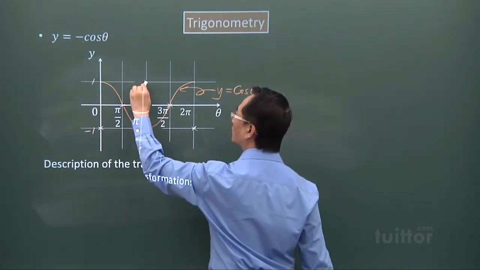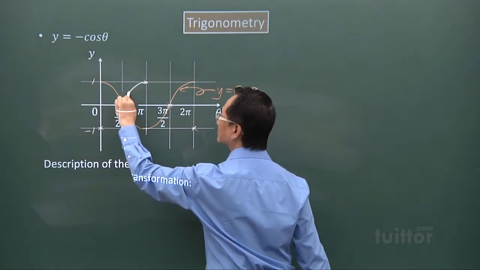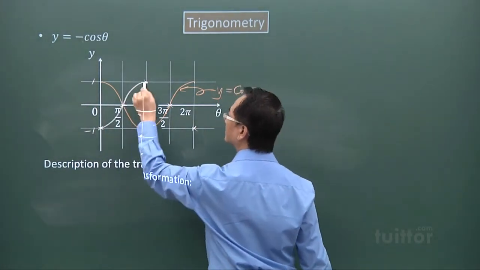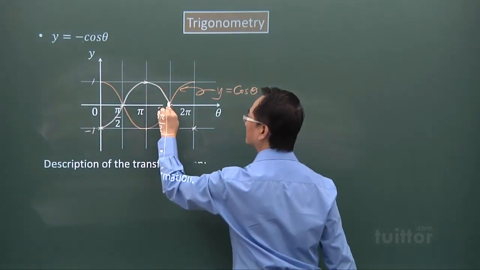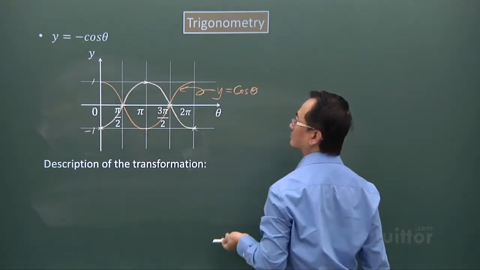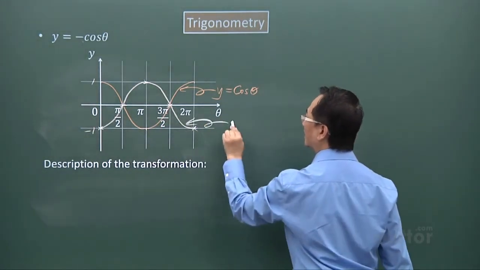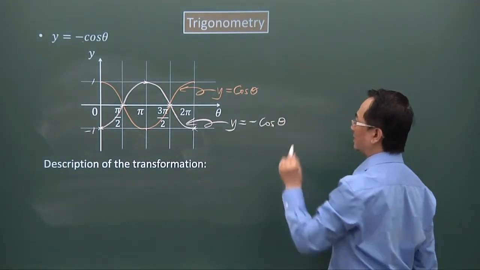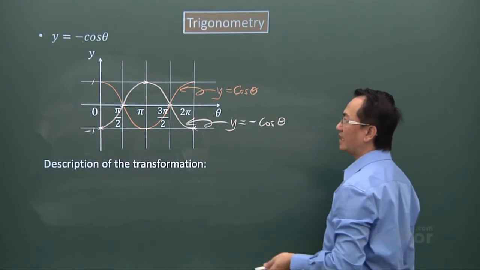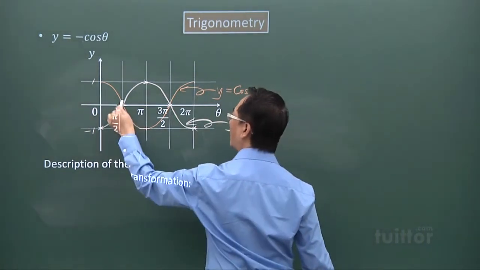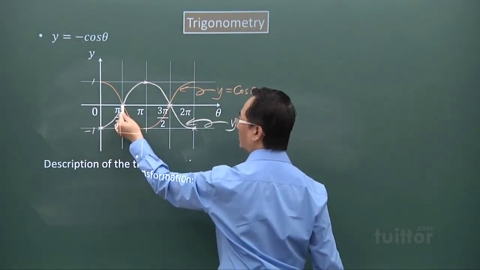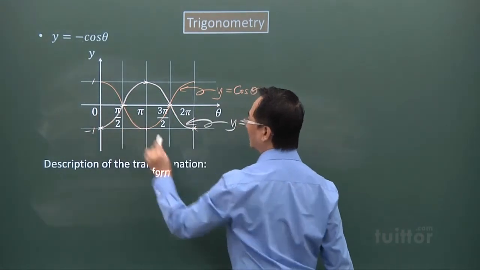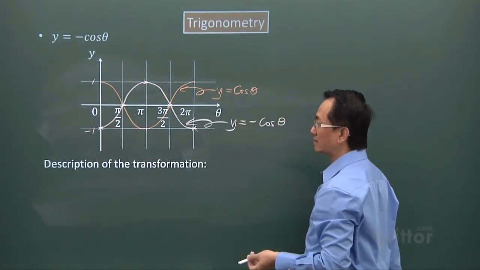So to join those points, that is the y equals negative cos theta. Again, you can see the orange part is reflected onto the white part along the horizontal axis.